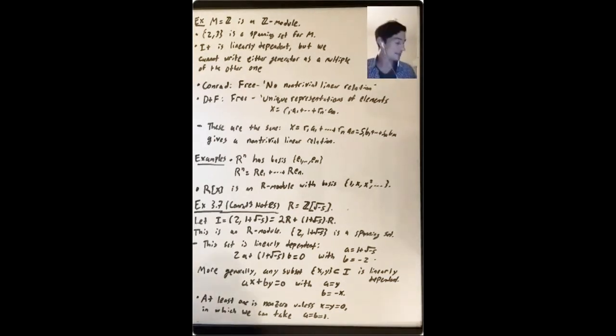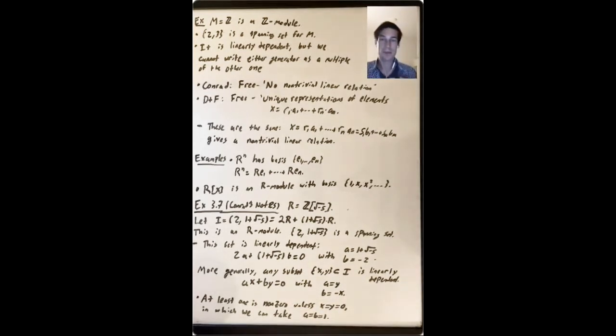So one thing that means is that any set of size 3 is going to be linearly dependent, or any set of size 17 or any number larger than 2 will be linearly dependent. So there are no subsets of I of size 2 or greater that are linearly independent.